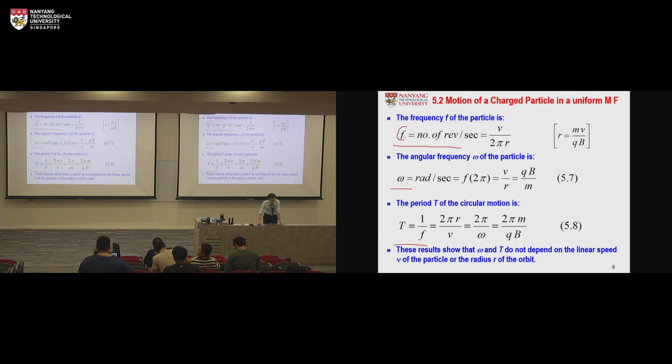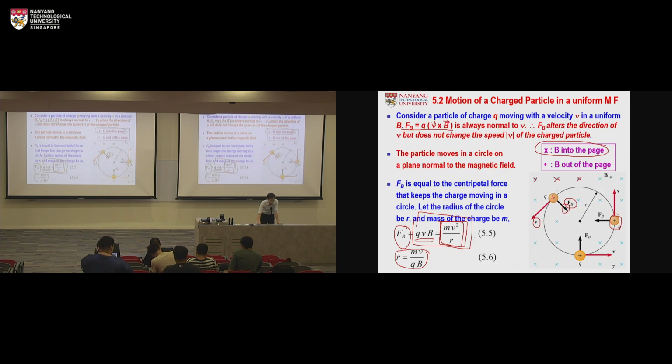All those parameters are nothing special, just the typical parameters when it comes to circular motion, right? Again, the most important one is this. This is the most important equation.